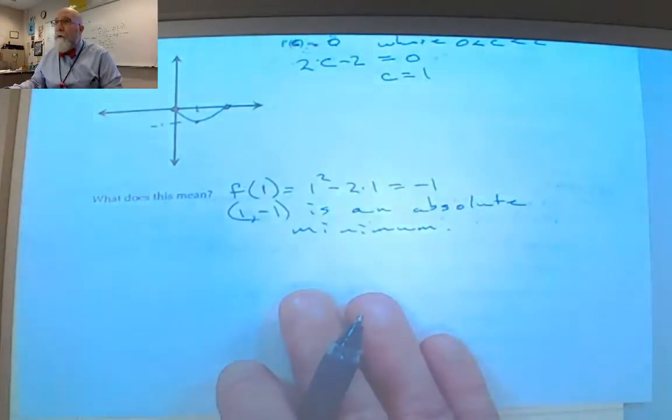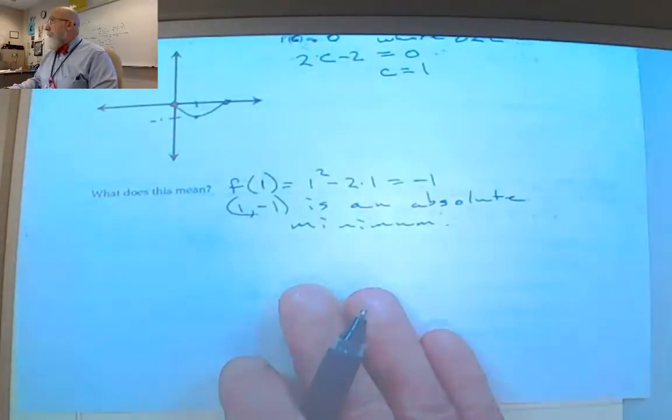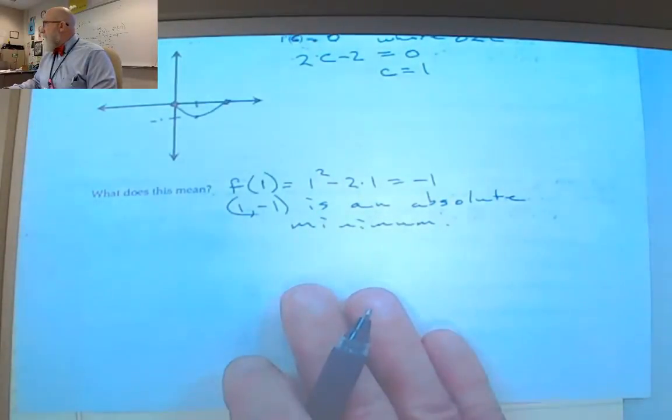Mean value theorem says this. If on an interval I have a secant line, in that interval I have a parallel tangent line. If within a period of time something has an average rate, within that time, there has to be a moment where that rate exists.